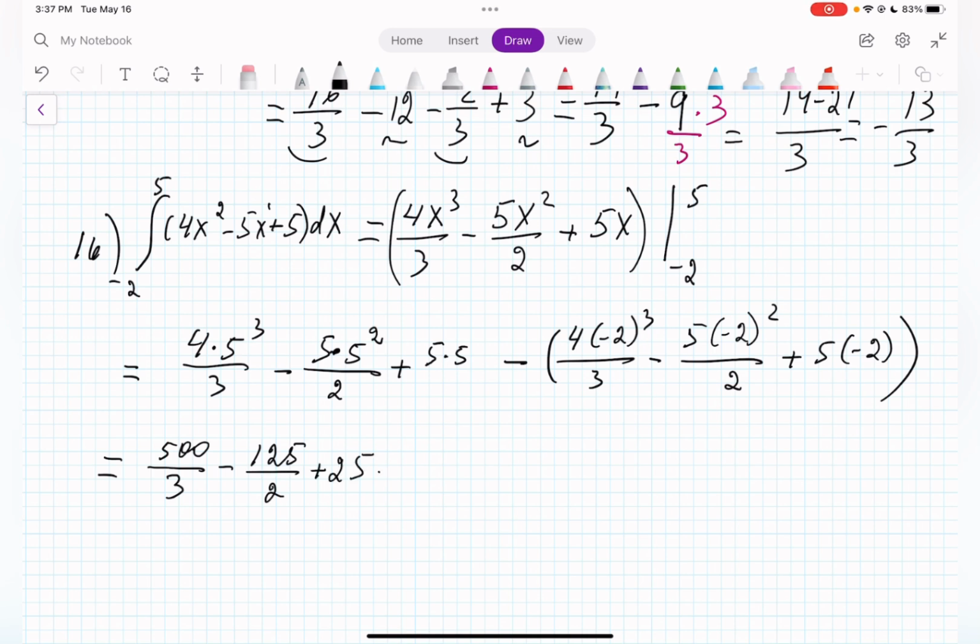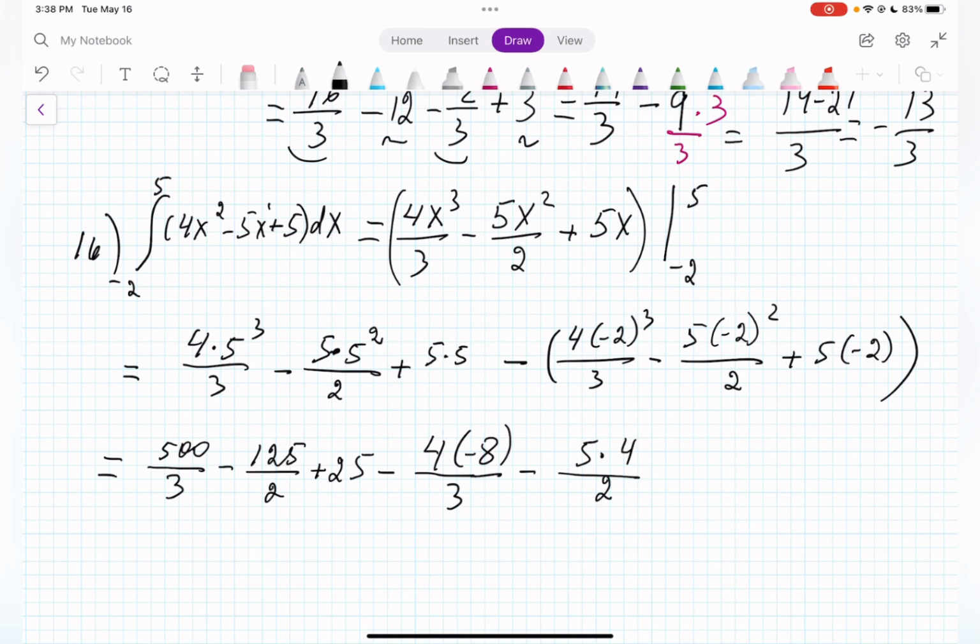Next, minus, what do we have? -2 to the power 3 is -8. So 4 times -8 because we are doing a cube. So -2, -2, -2 is going to give us -8 over 3. Here, 5 times -2 squared is going to be 4 over 2.